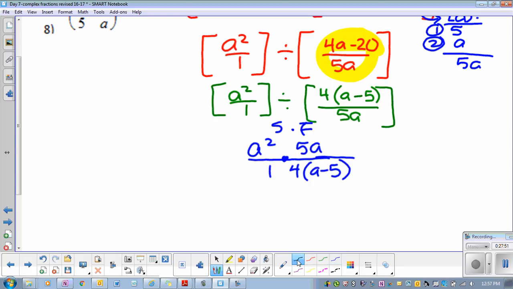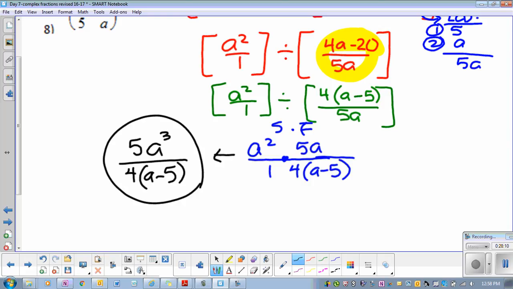Now, can anything cancel out? Okay, no. So, a squared times 5a, isn't that 5a to the third? Good. Over 4 times a minus 5. That's it. That's all you can do. Sometimes you do all this, you can't cancel out, which is fine.